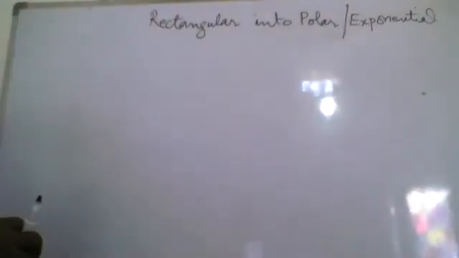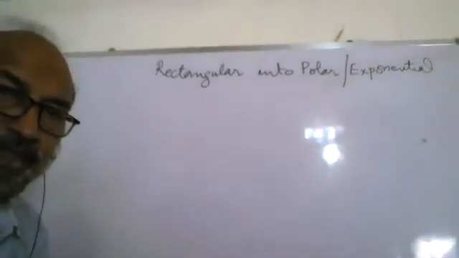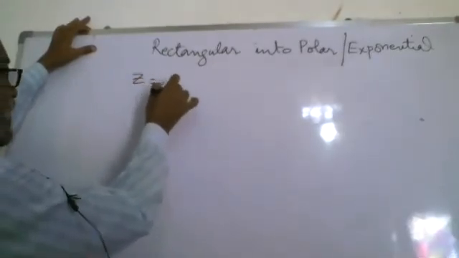We are given the complex number in the rectangular form and we are asked to convert into polar or exponential form. So this is the rectangular form a plus iota b.